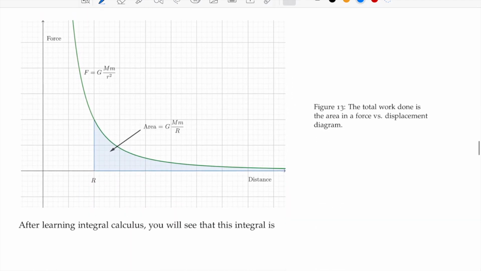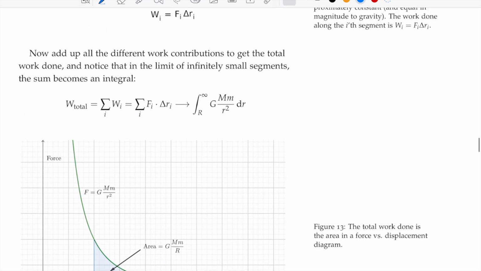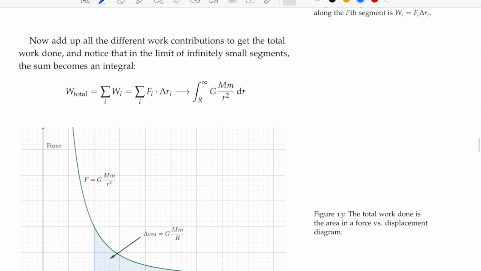Just to show you the graph of that, we can see how the force changes with distance, graphing GMm over r squared. And we know that work is the area in a force-distance graph. So we're trying to work out the area shown here in blue, and that requires some calculus. The total work is adding together all those small contributions of work.